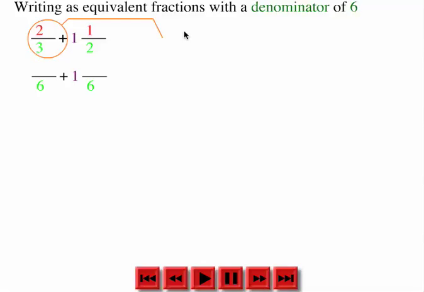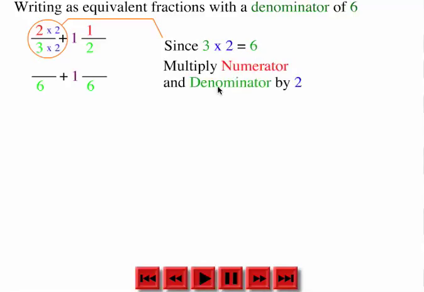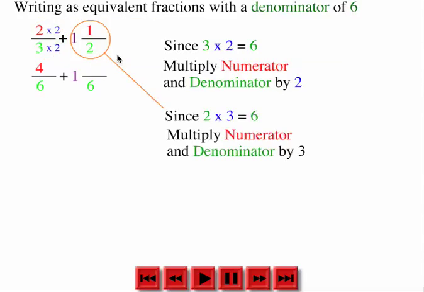Writing as equivalent fractions with a denominator of 6, since 3 times 2 is 6, we multiply the numerator and denominator by 2. That gives us 4 over 6. And since 2 times 3 is 6, we do the same to the 1/2: 1 times 3 is 3. So we have 4/6 plus 1 and 3/6.